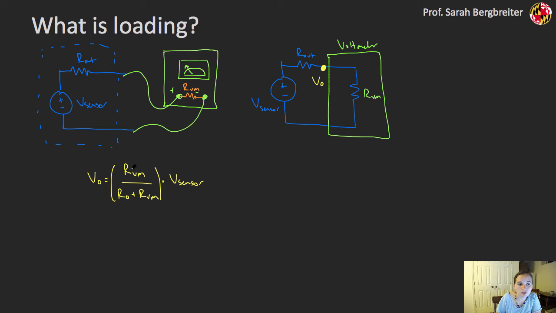So in general, I want my voltmeter impedance, the input impedance of the measurement circuit, or that could be an analog to digital converter as well, I want that to be really high. So high input impedance, low output impedance from my sensor. And that'll give me the sensed voltage that I want to sense. Effectively a low loading error, right? I'm not loading down that voltage with this extra impedance.